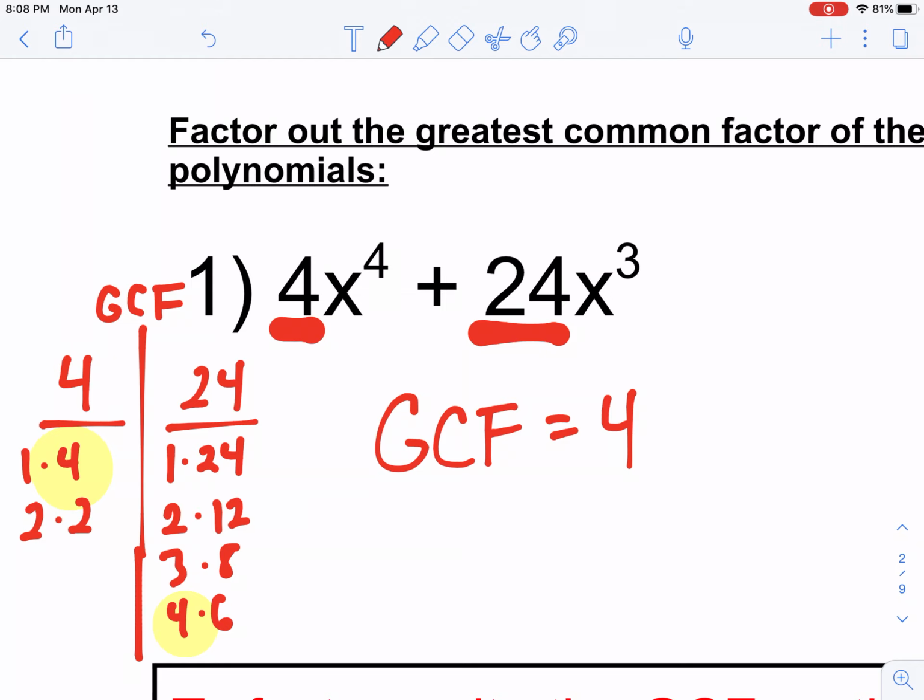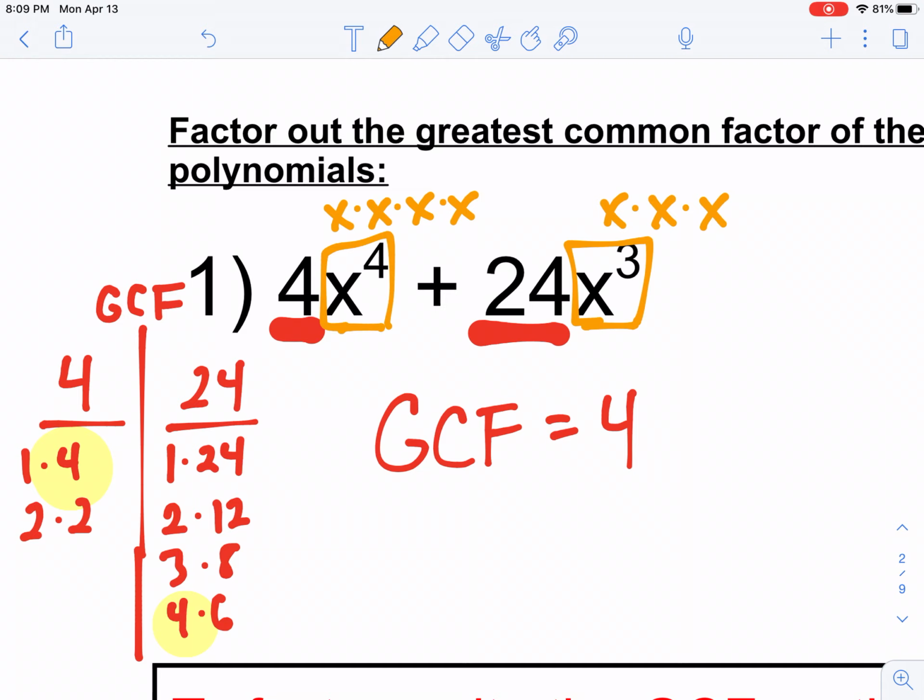You also have to come up with the GCF of x to the 4th and x to the 3rd. Okay? So x to the 4th is x times x times x times x, right? X to the 3rd is x times x times x. How many x's do they have in common? Well, in common means how many basically overlap in each term.